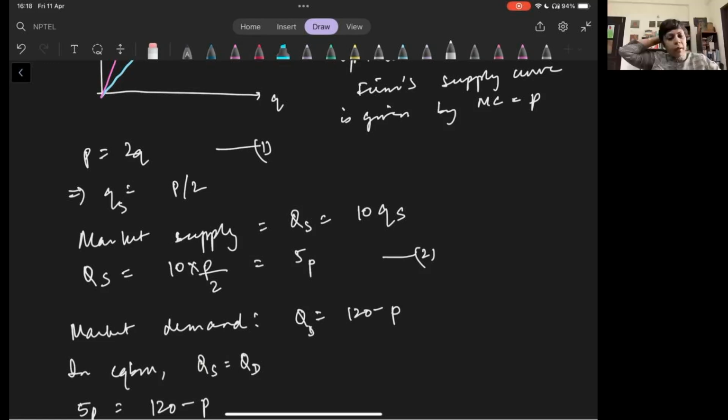Yes. So what will market supply be? Total number of firms into supply for one firm. Yes. And what is the supply for one firm? Supply for one firm. Okay, that condition I was not sure. So this is where we have to calculate the supply for one firm. QS is equal to P by 2.